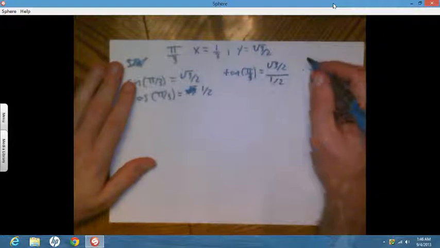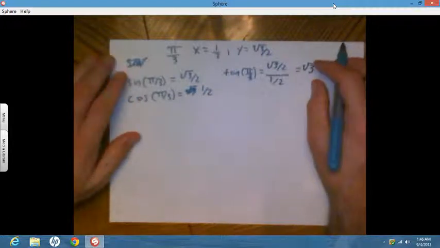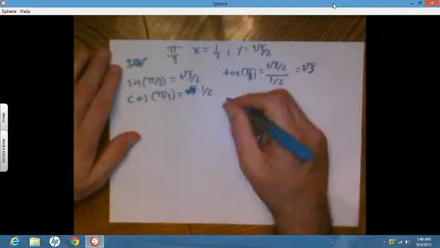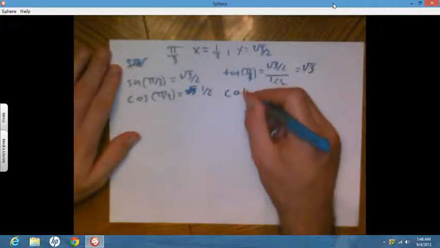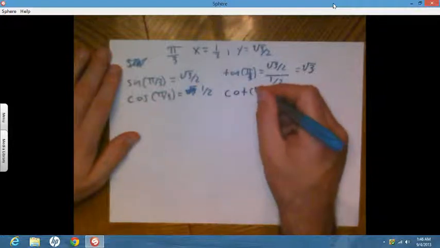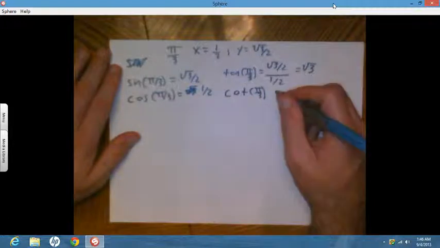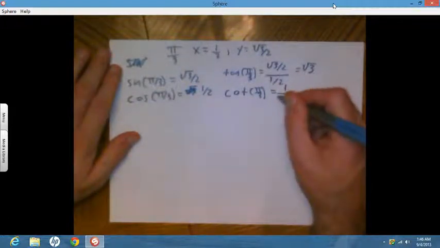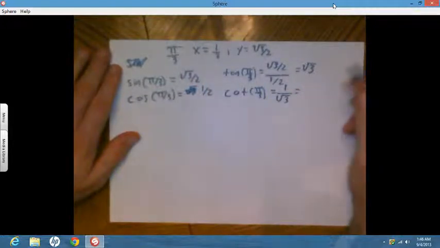It's just going to leave me with the square root of 3. The cotangent of pi over 3 is going to be x over y, which is just the reciprocal of this, so it's just going to be 1 over the square root of 3, which is equal to the square root of 3 over 3.